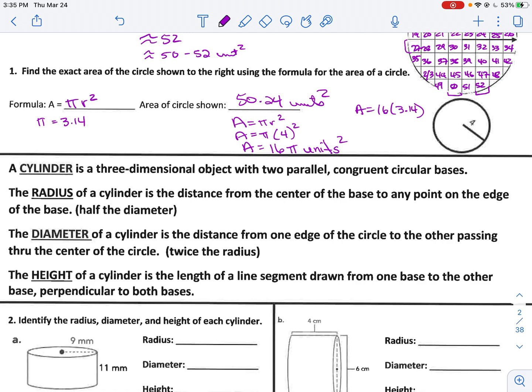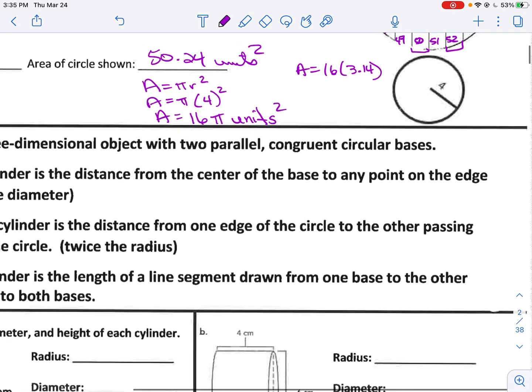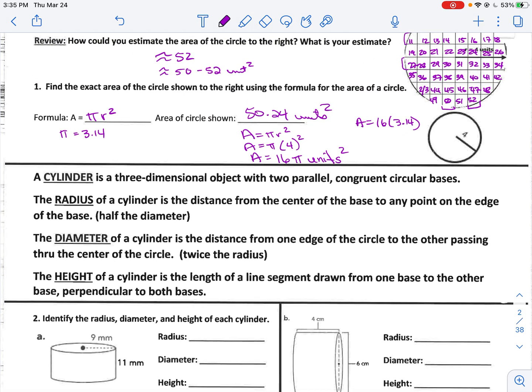Okay, a cylinder is a three-dimensional object with two parallel congruent circular bases. Okay, so think of a can of soda. You have your circle on top and your circle on bottom. They are parallel to each other. The radius is the distance from the center to the edge of the base.